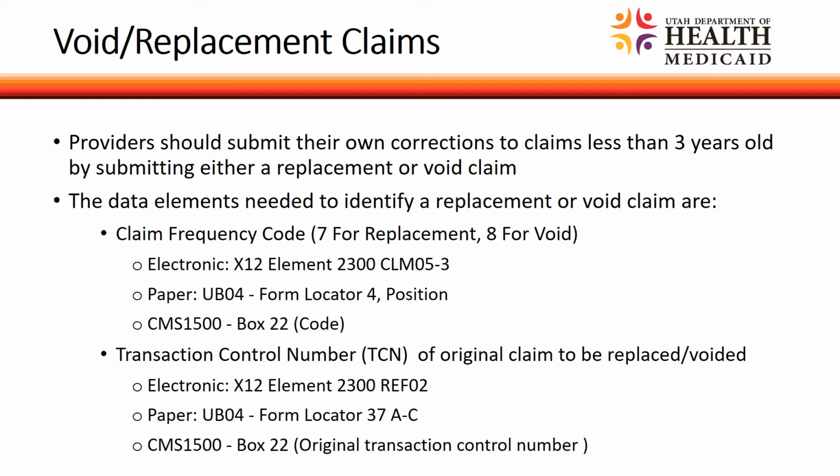The data elements needed to identify a replacement or void claim include claim frequency code, 7 for replacement or 8 for void, electronic X12 element 2300 CLM05-3, paper UB04 form locator 4 position, CMS 1500 box 22, transaction control number of original claim to be replaced or voided, electronic X12 element 2300 REF02, paper UB04 form locator 37AC, and CMS 1500 box 22 original transaction control number.